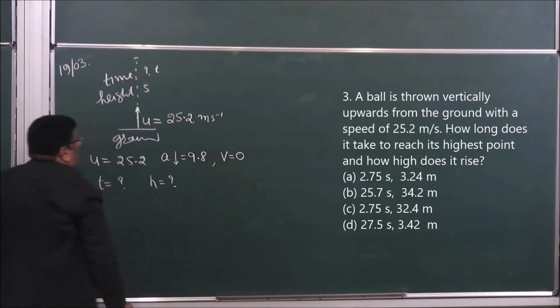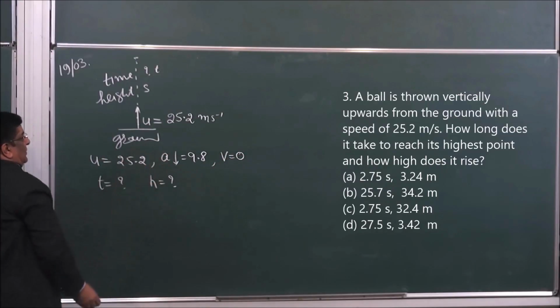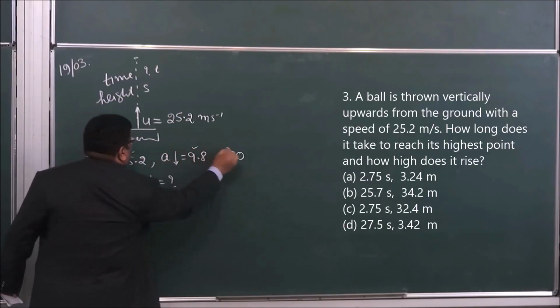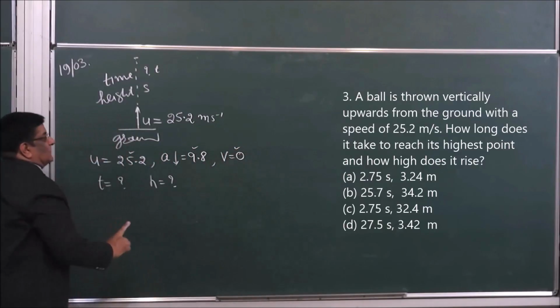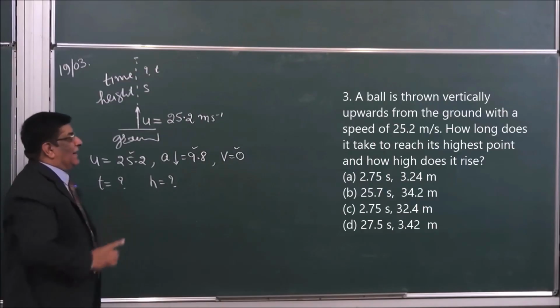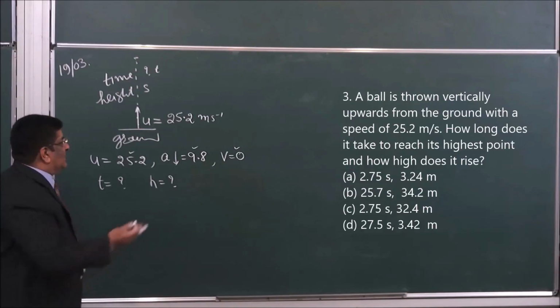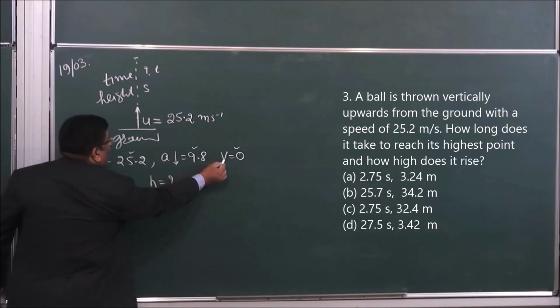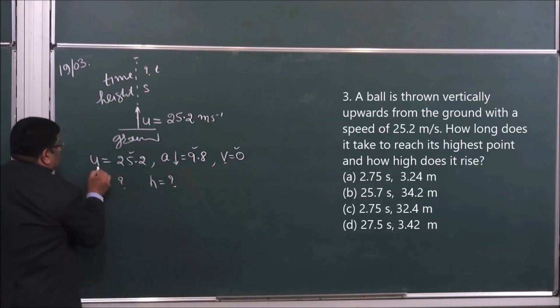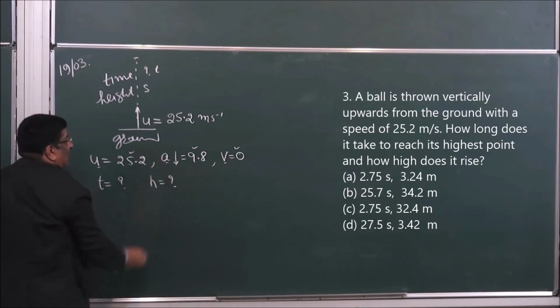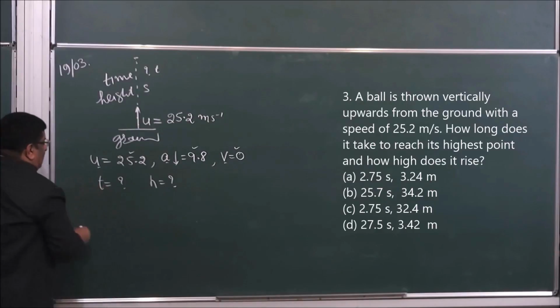So we know final velocity v is equal to 0. Now, 1, 2, 3, three things are known to us, and there are kinematic equations with 4 quantities. Let's do it. An equation which has v, u, a and t. Which is that? v is equal to u plus at.